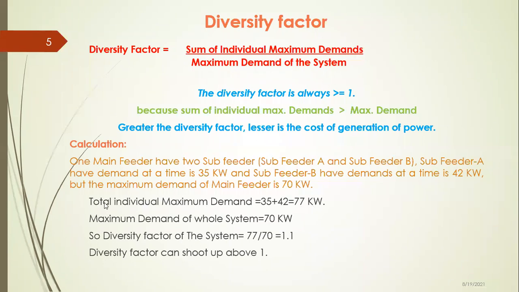Whereas the maximum demand of the main feeder is 70 kilowatts, it's given. So now the diversity factor comes out to be 77 divided by 70, which equals 1.1. So diversity factor can shoot up above 1. It is always greater than or equal to 1. So this is a simple numerical.